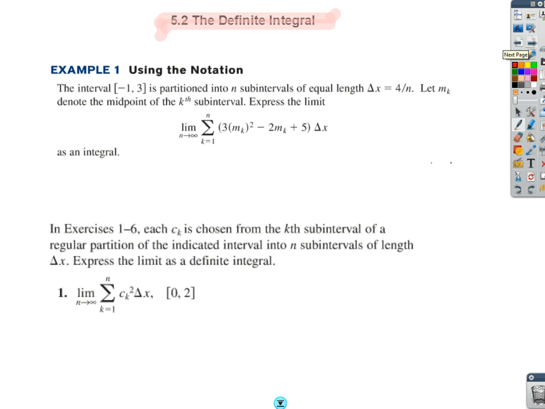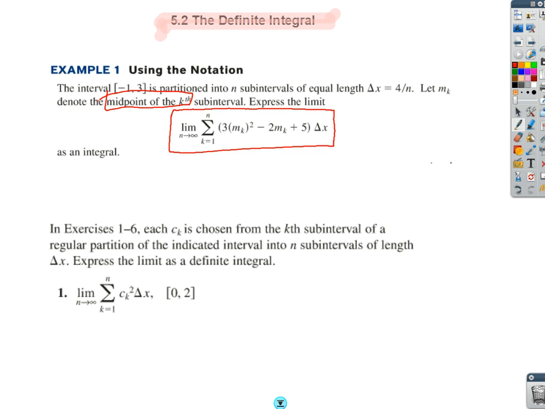When we take a look at this example, it says I want to take this statement here and change it into an integral statement. Notice what m of k is. They're saying this denotes the midpoint of the kth term.